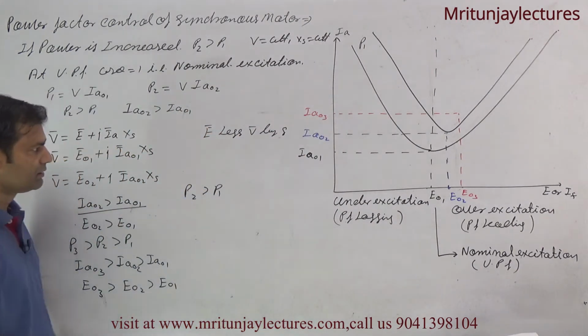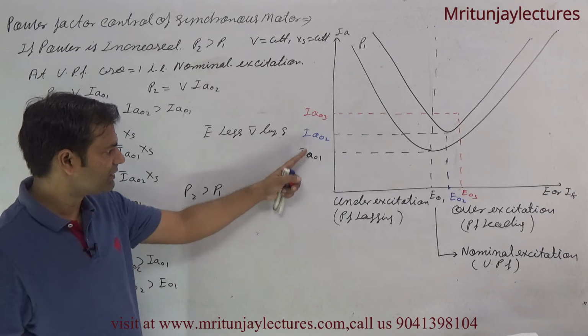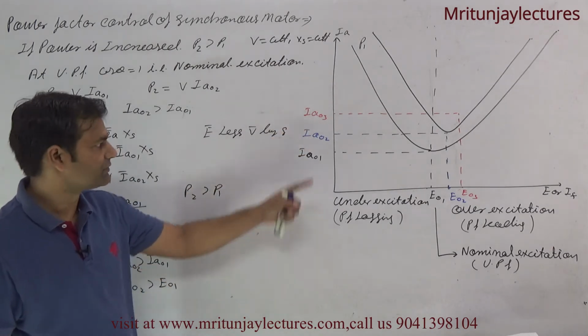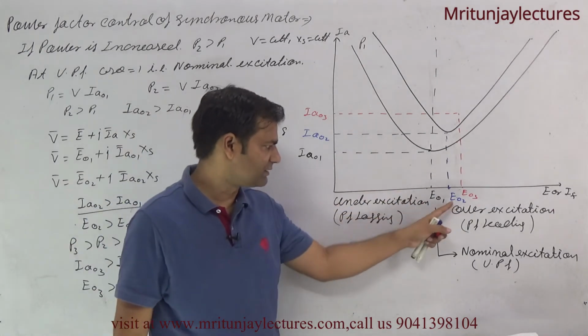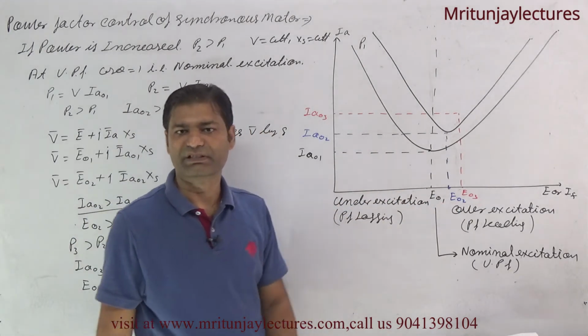Clear? This current is greater than IA02, that's why it is represented here, and E03 is greater than E02, that's why it is represented here.